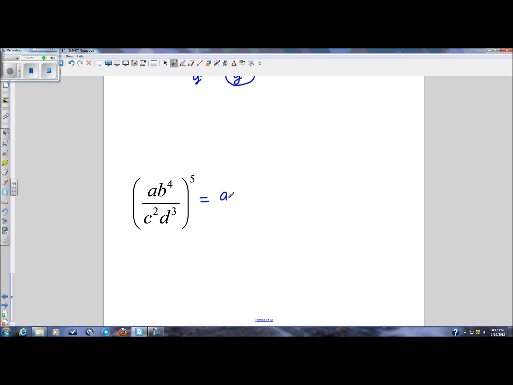So we have a to the 5th, multiply the 4 and the 5, so we get b to the 20th, over c to the 10th, since 5 times 2 gives us 10, d to the 15th. Okay, so a to the 5th, b to the 20th, over c to the 10th, d to the 15th. Moving on to the next page.